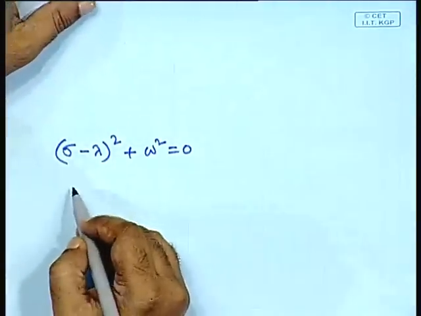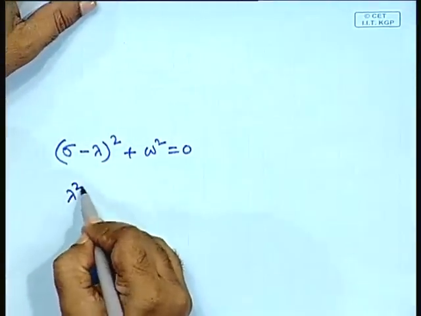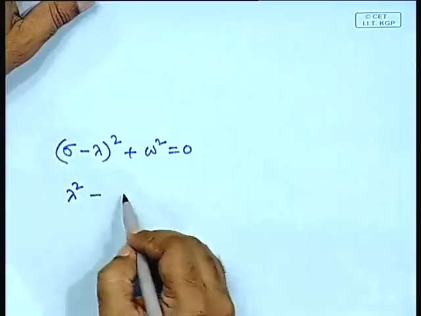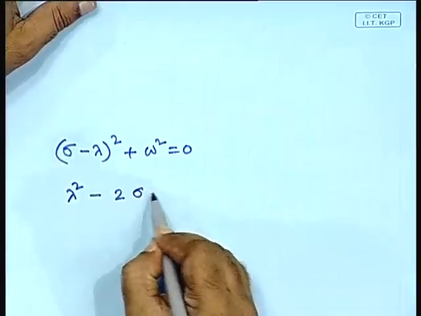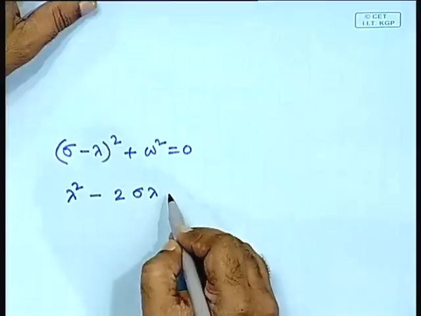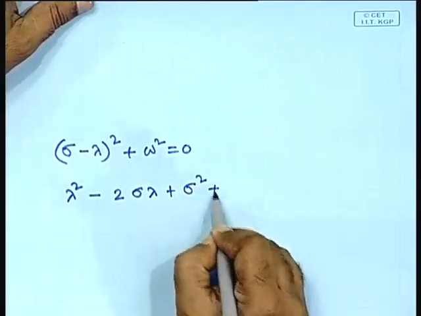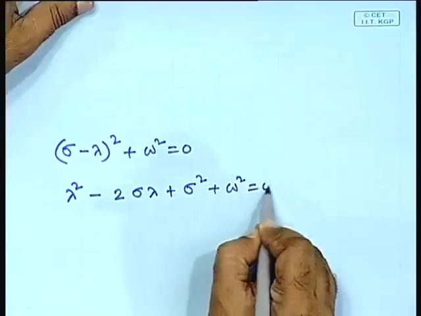So, if you expand it, you have lambda square minus twice sigma lambda plus sigma square plus omega square is equal to 0.